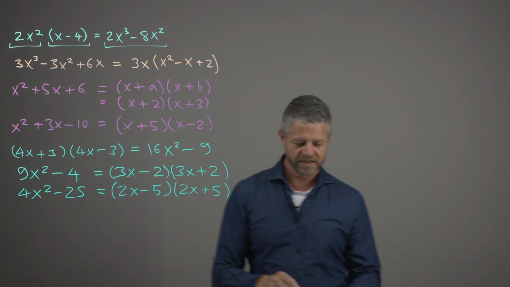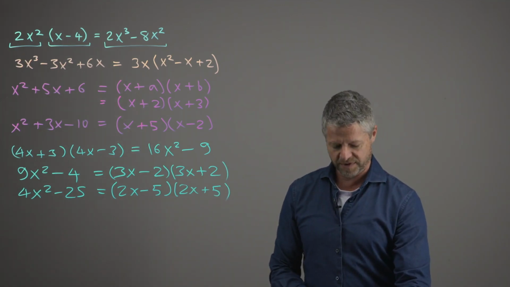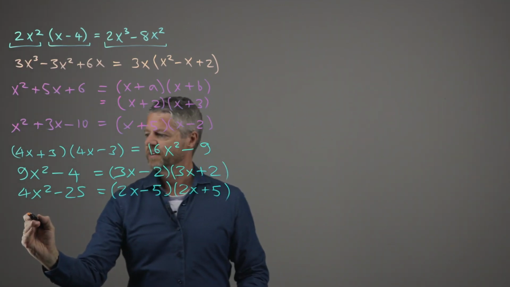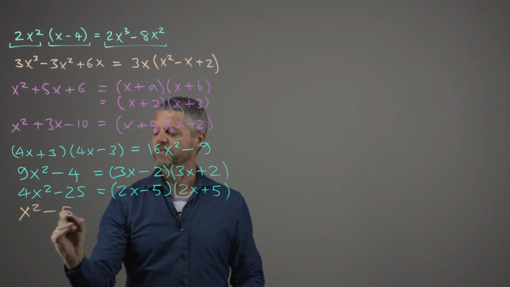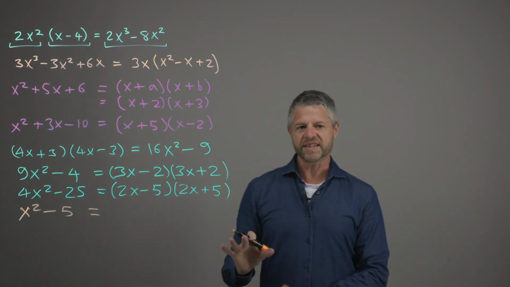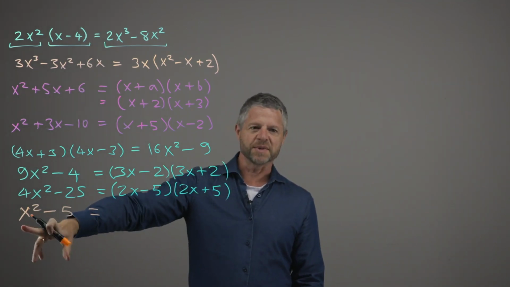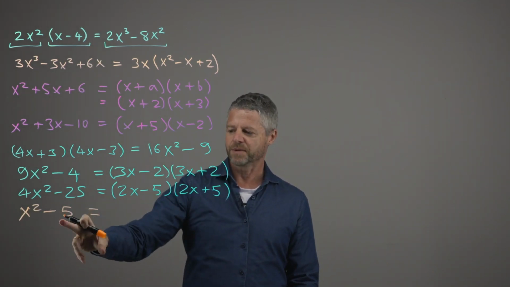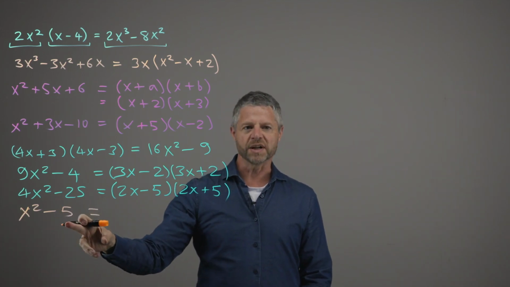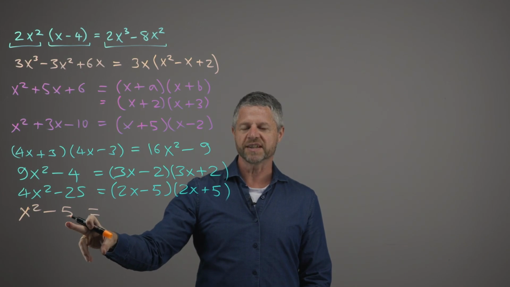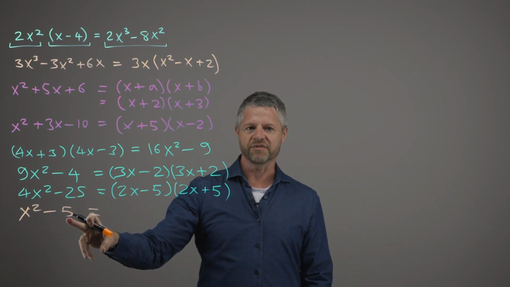Let's do another related example. Let's do x squared minus 5. In this case, this is a perfect square, but 5 is not a perfect square. There's no whole number that we can multiply together to get 5.